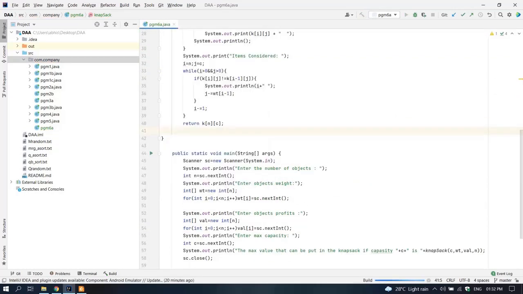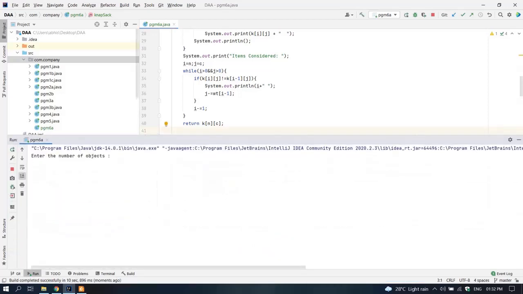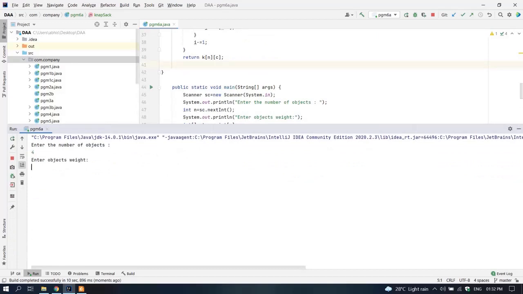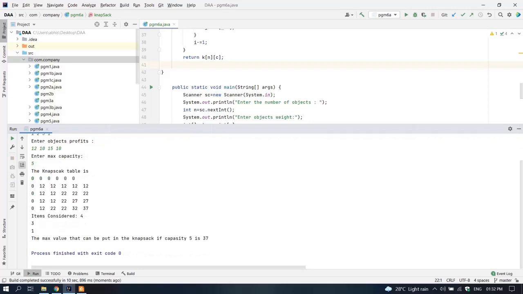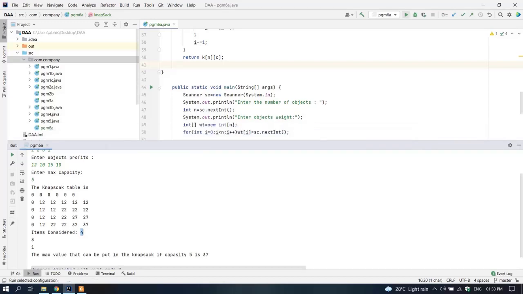Now let's run it. It is showing our table, and our max profit is 37. The items considered are 4, 3, 1, and the max value that can be put in a knapsack of capacity 5 is 37.